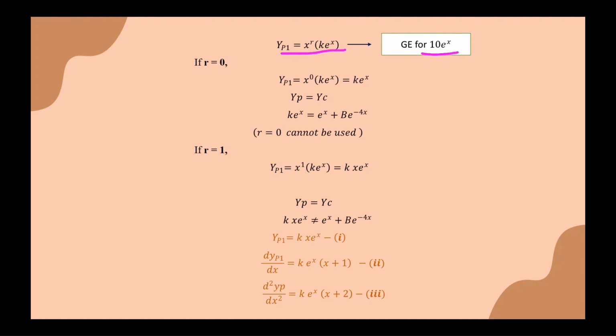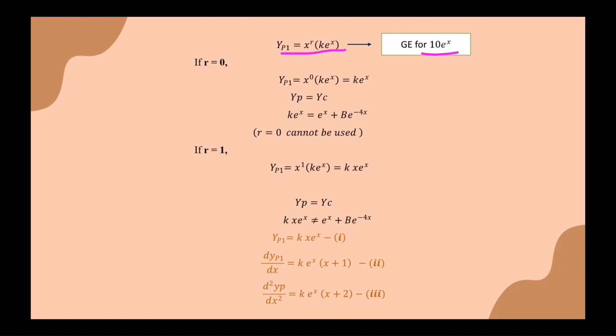The next step is we need to substitute the value of r, starting from 0, until you get an equation where yp is not equal to yc. So let's begin.